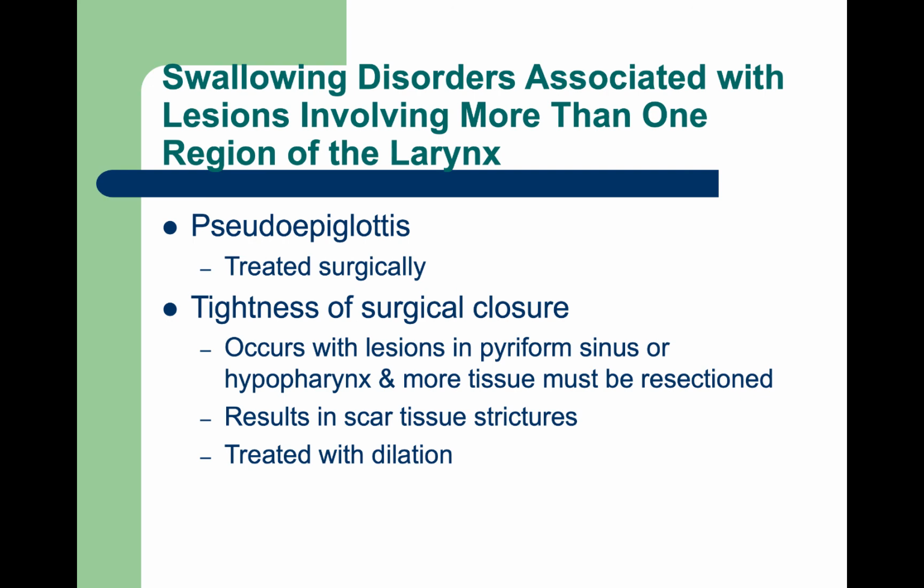The problem with dilation is that it does not last, and over time the tissue returns to its tight original state, and therefore they have to go back to the doctor frequently to go through this dilation process on a regular basis. Like a pseudoepiglottis, a stricture can also result in backflow of food.